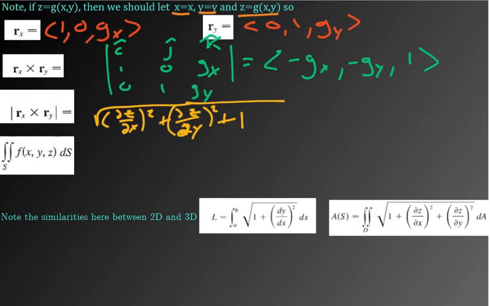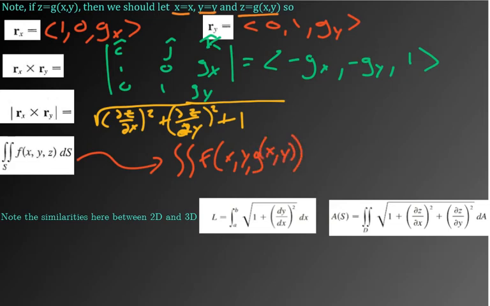And like the surface integral, so the double integral of the function with respect to s, in total generality, right, would just be a double integral of f. You would still have to parameterize, but x is x, and y is y, but then z is g of x, y.